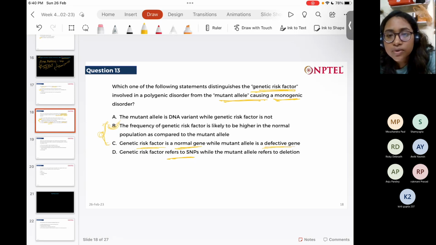Did I spell your name correctly? Samyukta, sorry. Samyukta, what do you think will be the correct answer? Do you also feel there is a confusion between options B and C? Or do you have any other explanation for this particular question?